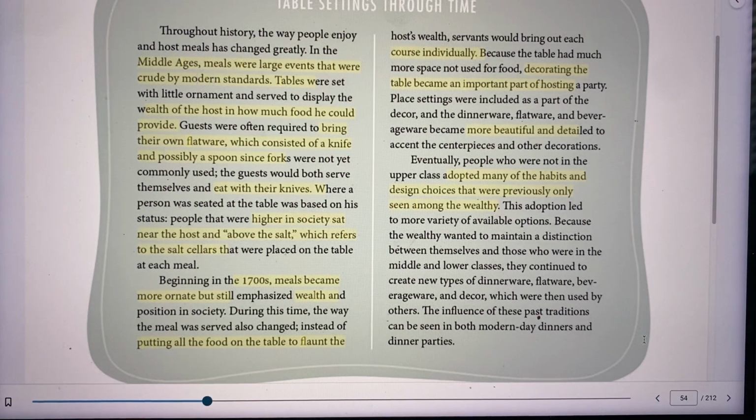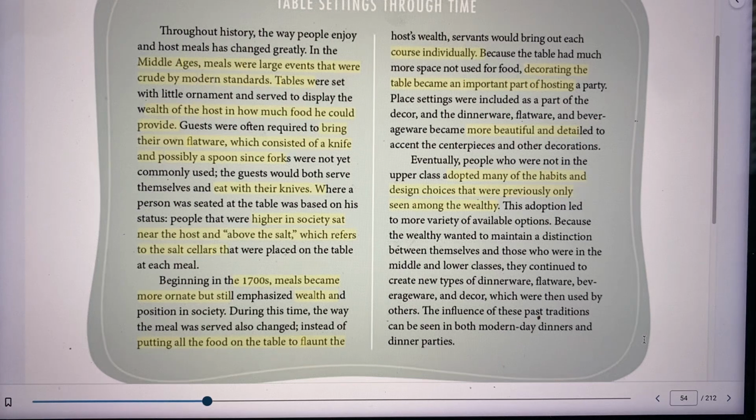Where a person was seated at a table was based upon his status. People that were high in society sat near the host. They said they sat above the salt, which refers to the salt cellars. So they were considered above the salt, or next to where the salt was placed on the table. Salt was very prestigious.